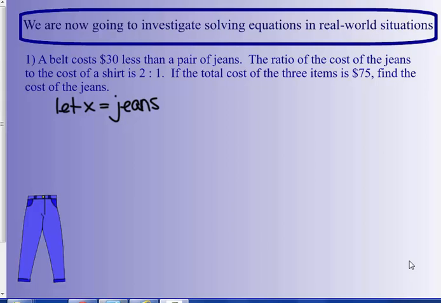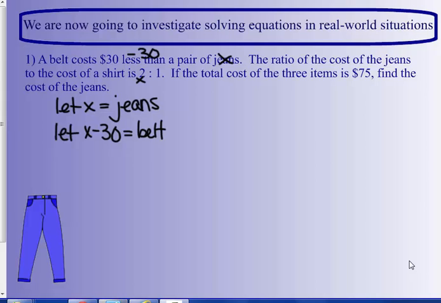The belt costs 30 less than a pair of jeans. Less than, so minus 30. So x minus 30 is the belt. That sounds reasonable. The ratio of the cost of the jeans to the cost of the shirt is 2 to 1. So the jeans is twice as expensive, remember, as the shirt.